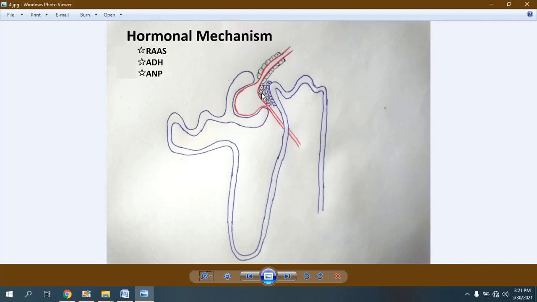So the juxtaglomerular cells and the lacis cells both have a large amount of renin, which will be secreted directly into the blood.